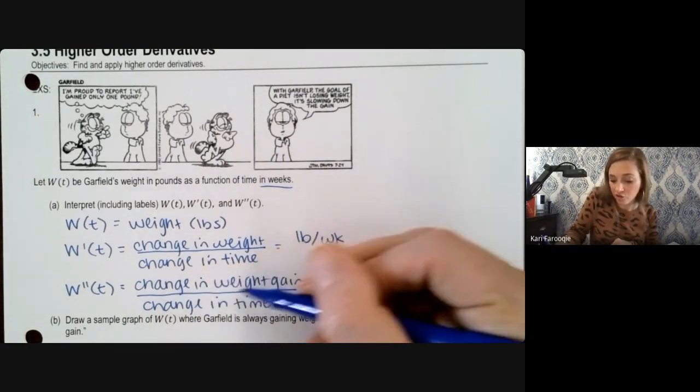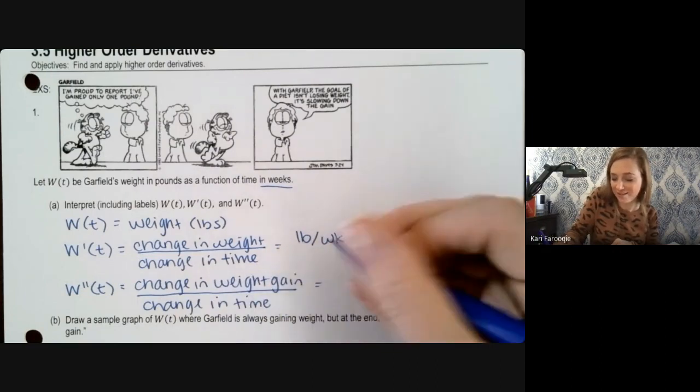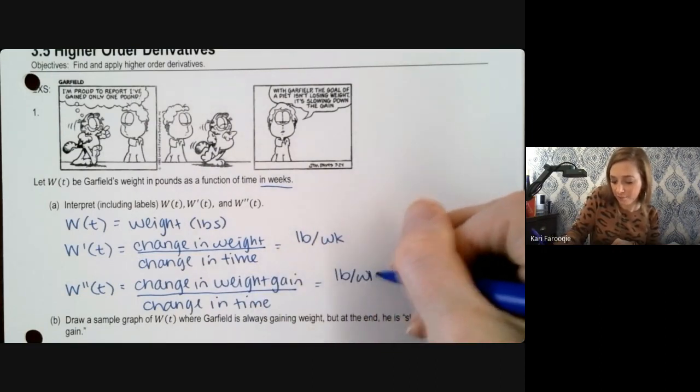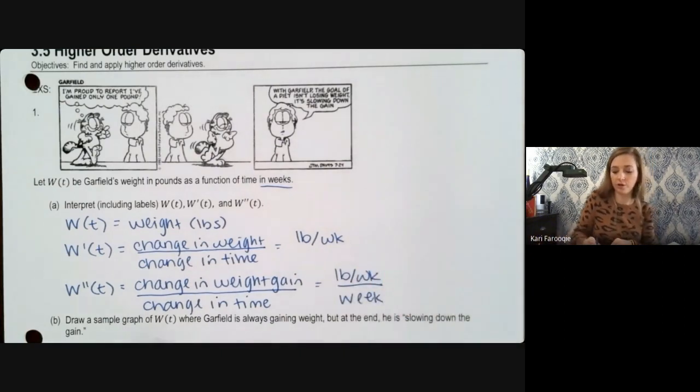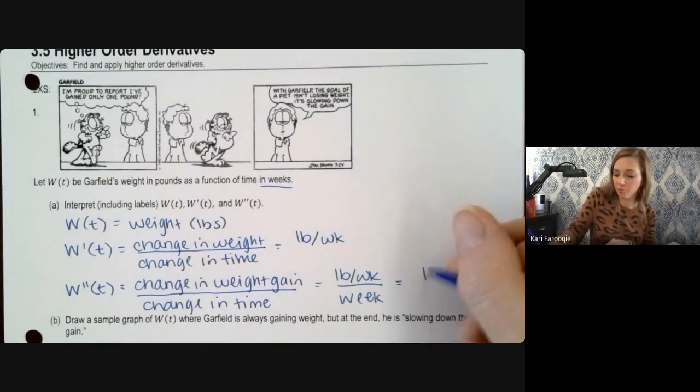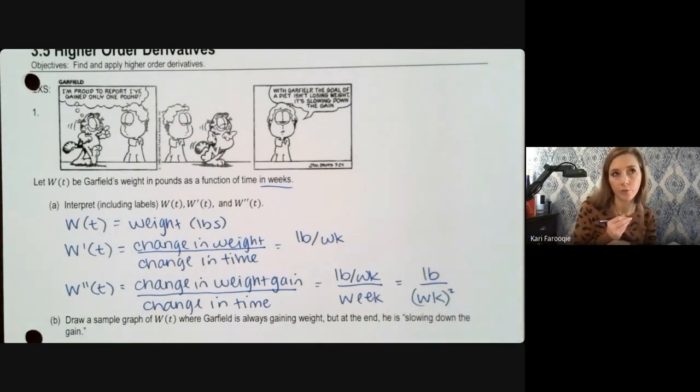So you're going to take the change in the weight, which is in pounds per week, divided by the change in time, which would be weeks. So the first derivative is in the numerator in this case, and then the denominator is just represented by the unit of time. So this we would usually say is just pounds per week squared, because if you multiply by the reciprocal, you bring those weeks down into the denominator. So that's kind of how we would discuss what these quantities represent in context of this example.